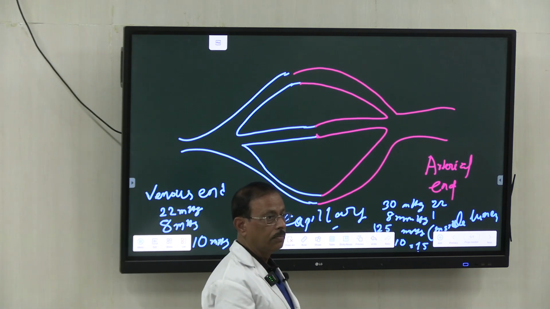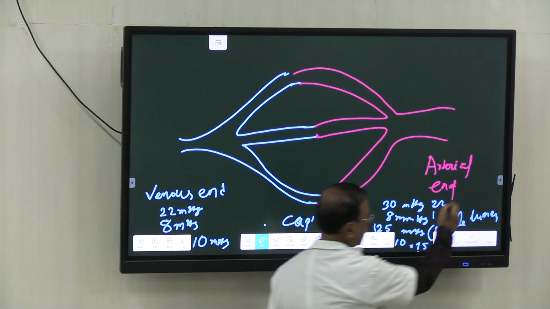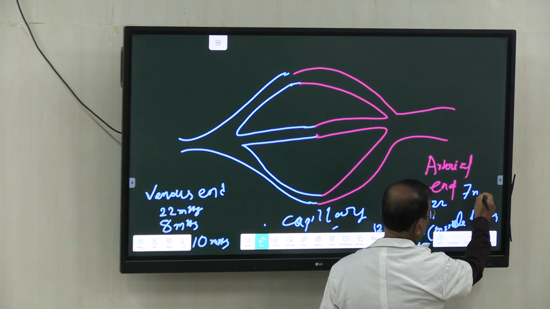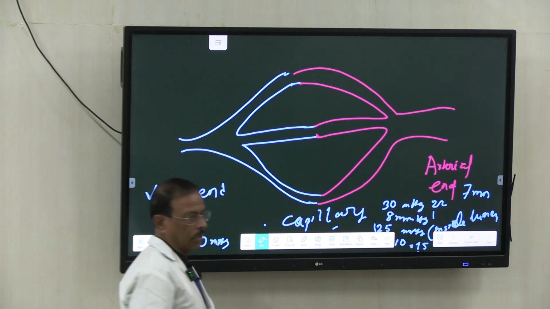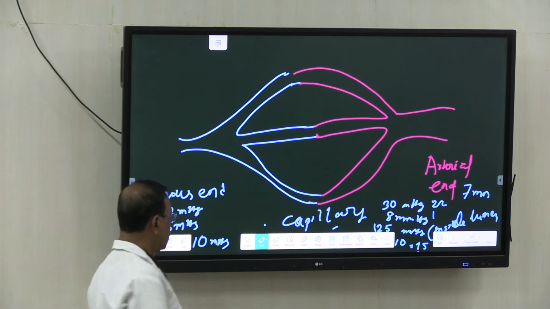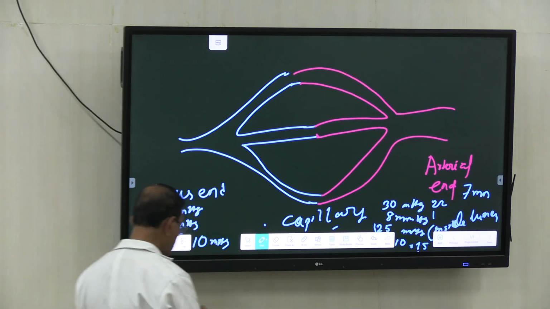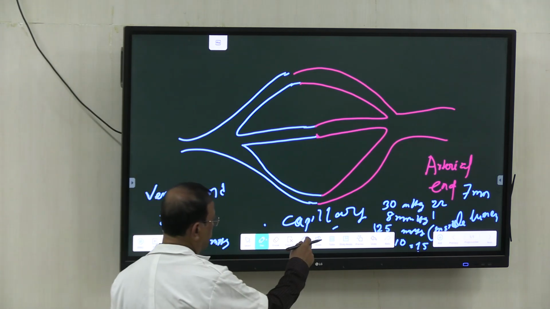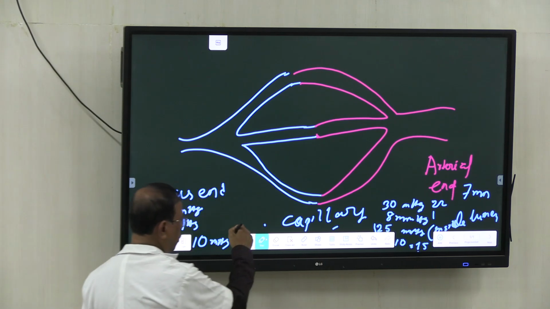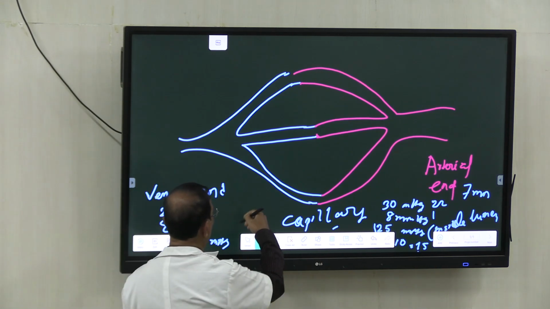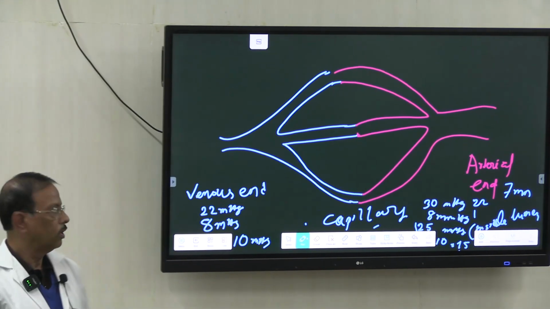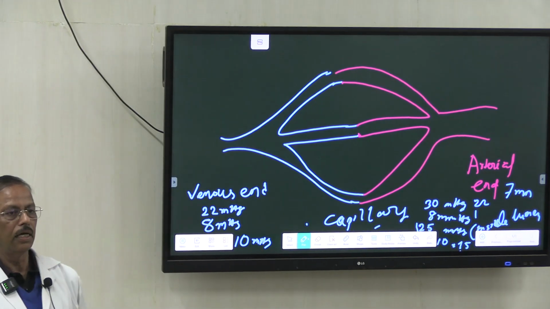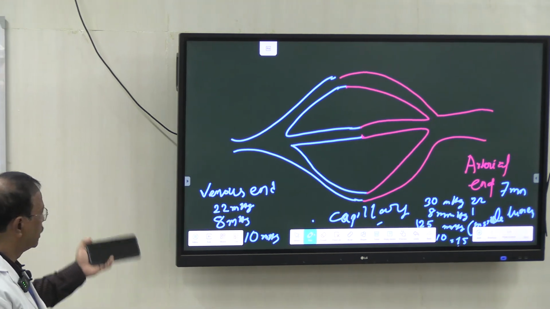So there is an effective filtration pressure of 7 millimeter. Because of that, fluid will go outside from the capillary. Just opposite, the fluid in the venous end will go inside the capillary. By this way, they maintain oncotic pressure inside the vessel.